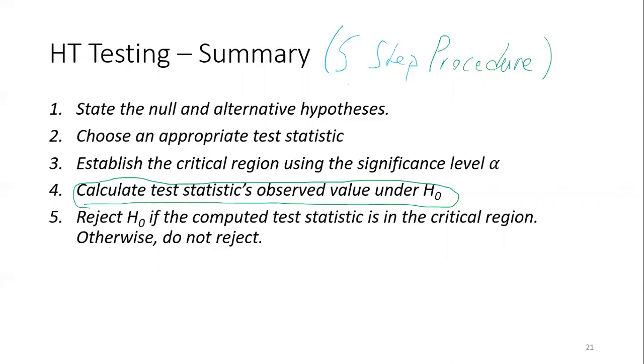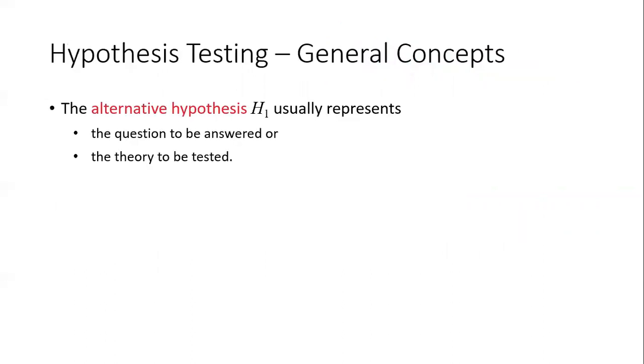So I use this in the exam, in your assignments and so on, this 5-step procedure. So whenever I ask a question, I just ask, well, make the hypothesis testing using this 5-step procedure, okay. Now let's see the general settings, the general concepts of hypothesis testing.